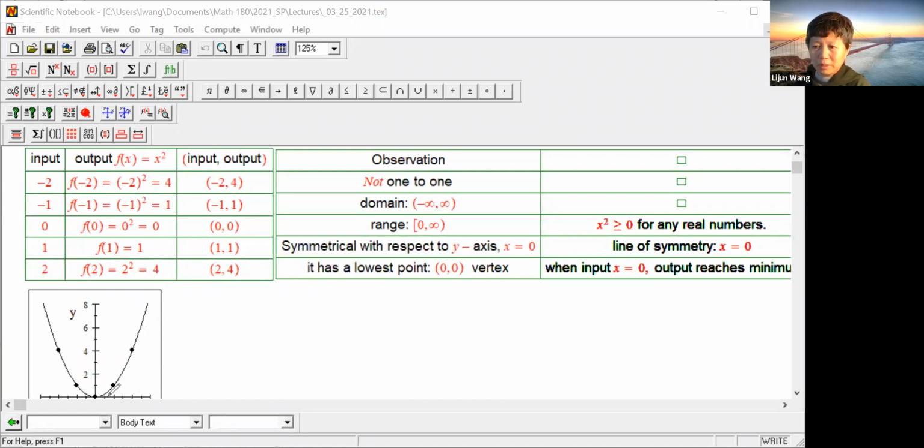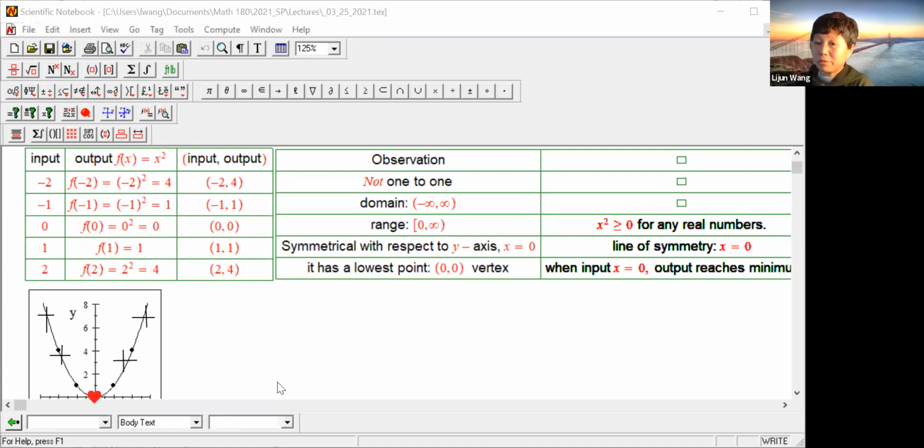This piece is positive. This piece is positive. That piece is positive. Outputs are positive. Do you guys follow me? Remember we drew similar things yesterday? And there's a lowest point right there.